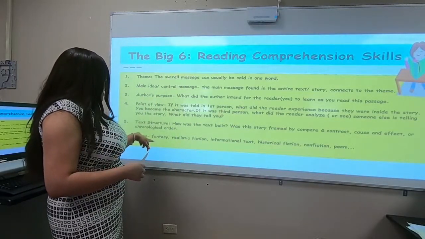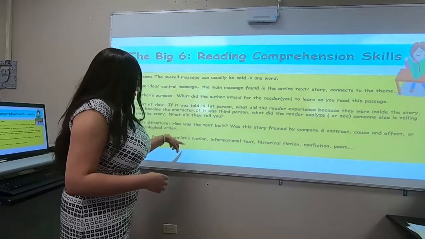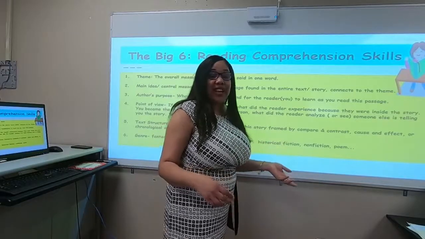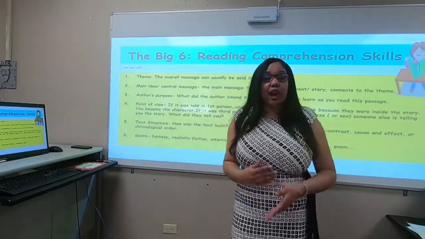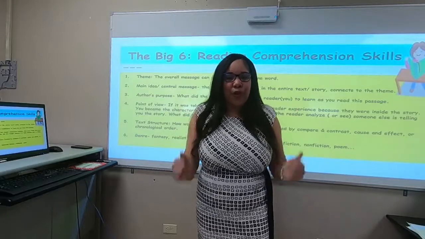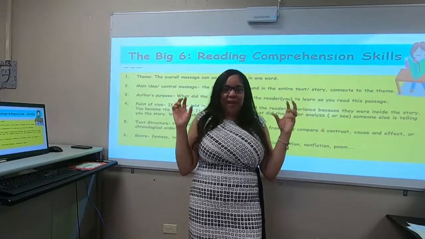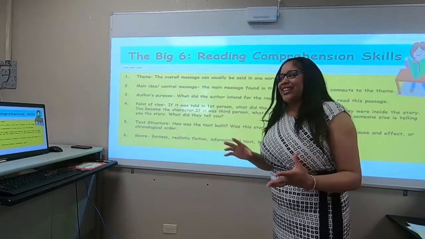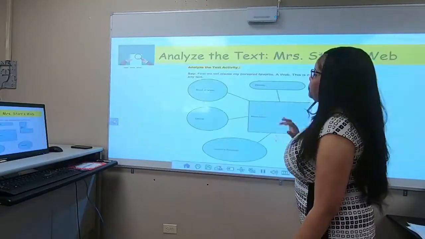All right, our genres can be fantasy, realistic fiction, informational text, historical text, nonfiction, a poem, and it goes on and on. You guys, let's dive really close and examine this text more closely and the skills that we need in order to examine.